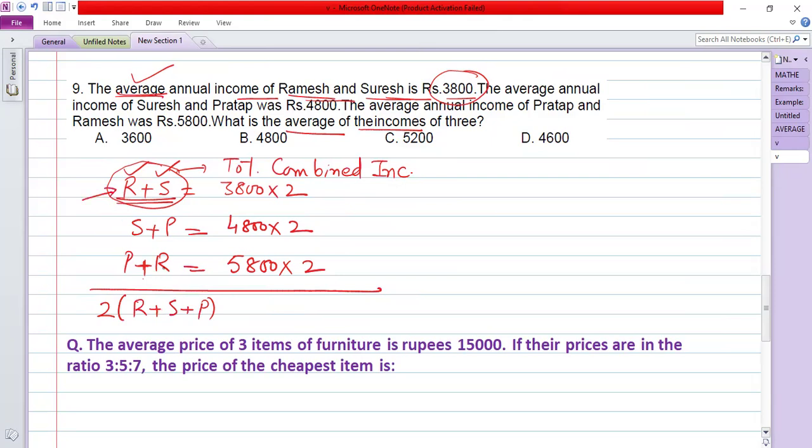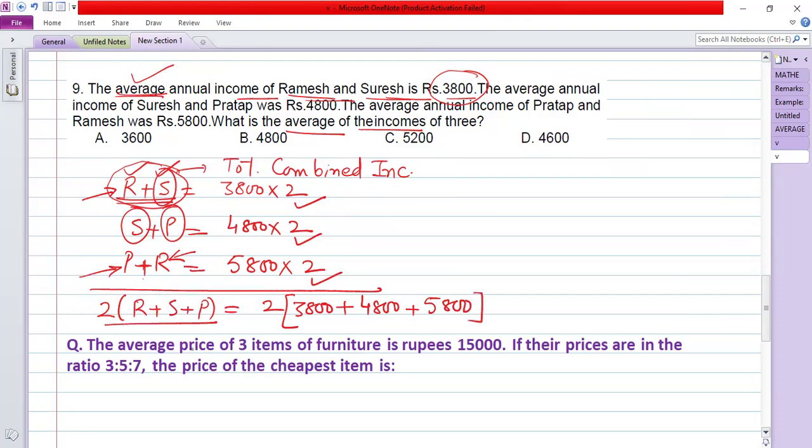Because R and R, S and S, and P and P are all twice. And on this side we take 2 common, and we have 3800 plus 4800 plus 5800. So this 2 can go off.